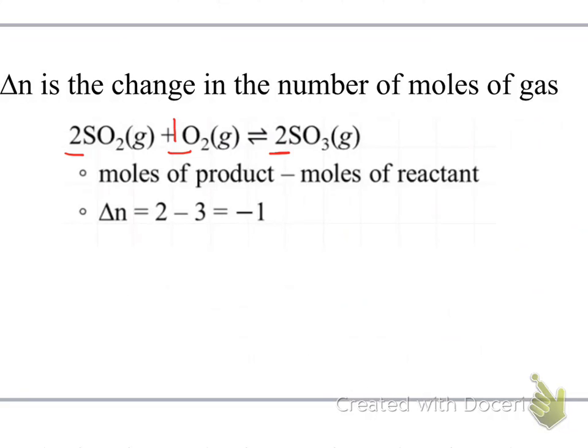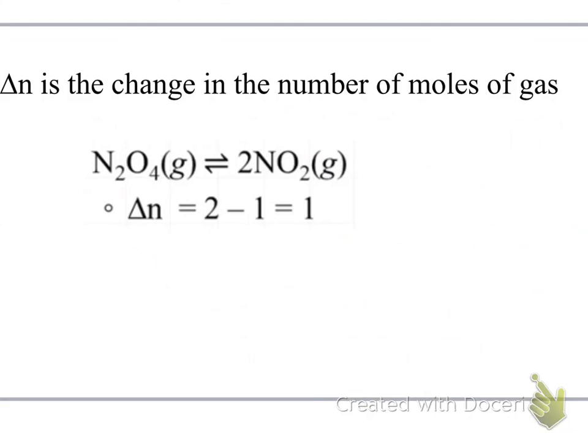So my moles of product minus my moles of reactant is going to be 2 minus (2 plus 1), or 3. So my change in n is minus 1. And I can have both positive and negative delta n's, because it's always going to be products minus reactants.